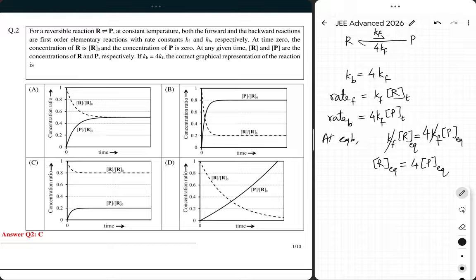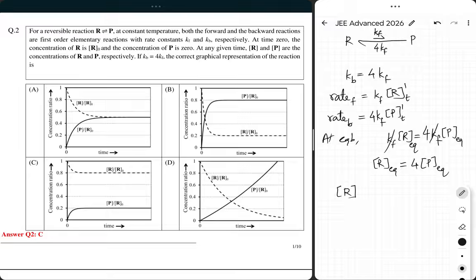This is why we could use concentration of R to the power 1 and concentration of P to the power 1 in the rate equation. Because at time 0 we start with only R, and the stoichiometry of the reaction says that 1 mole of R produces 1 mole of P.